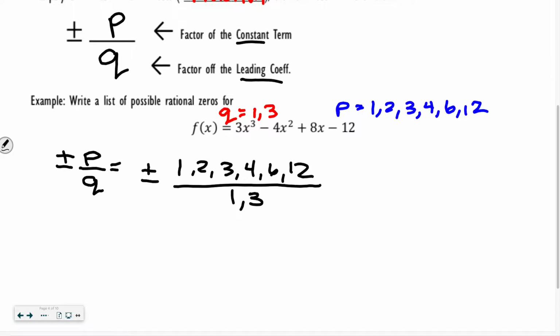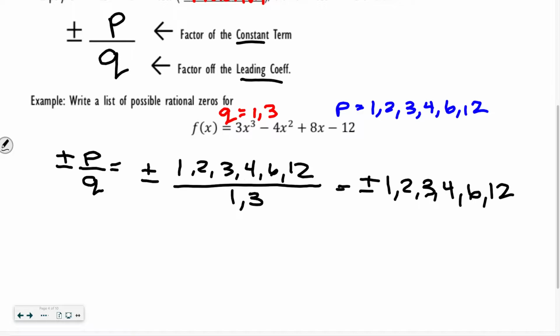Okay. Now, you want to give me your final answer in simplified form. So take all of those numbers, 1, 2, 3, 4, 6, and 12, and divide them by 1. What happens to each one of them? They stay the same. So my actual list of possible rational zeros starts with 1, 2, 3, 4, 6, 12.